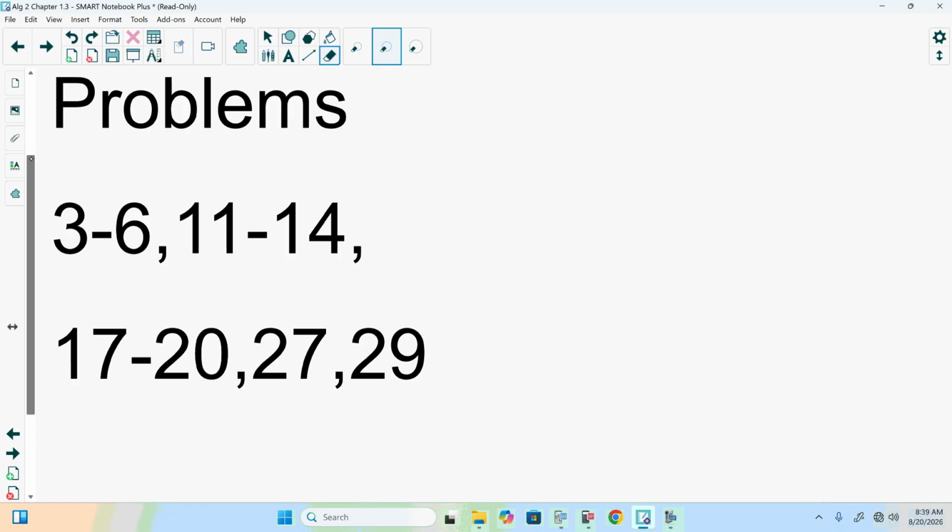Apply the transformation. 17 through 20, you're applying the horizontal, 2 vertical, 2 horizontal, so be careful with the horizontal. And then 27, 29, those two are asking you to do 2 transformations. One of them, 29, does have a horizontal stretch.